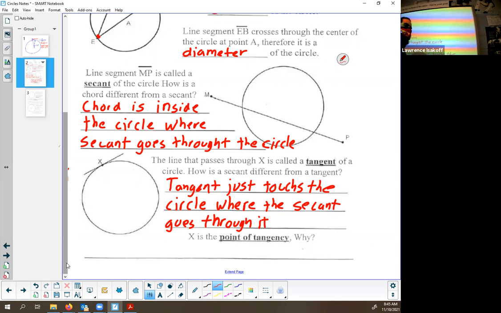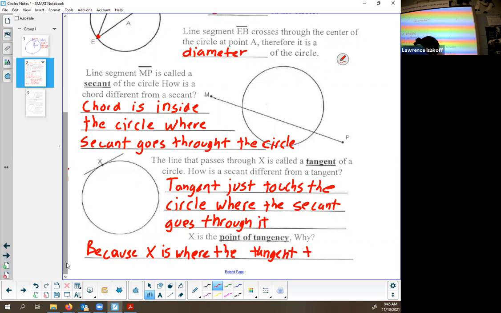X is called the point of tangency because that's where the tangent touches the circle. So X is a point of tangency because X is where the tangent touches the circle.